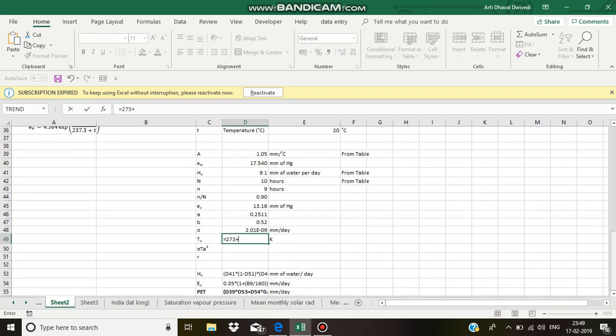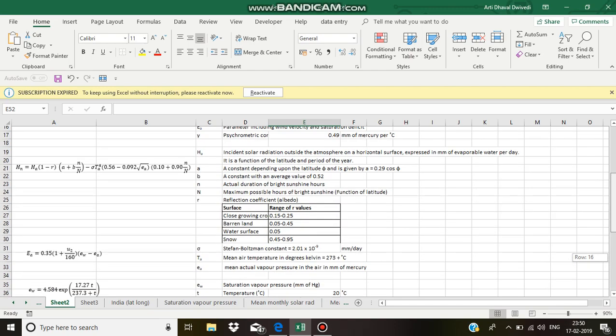So value of TA is obtained. Now 2.01 into 10 raised to minus 9 multiplied by 293 raised to 4 is 1.48 into 10 raised to 1. The value of albedo for close green crop is 0.25.